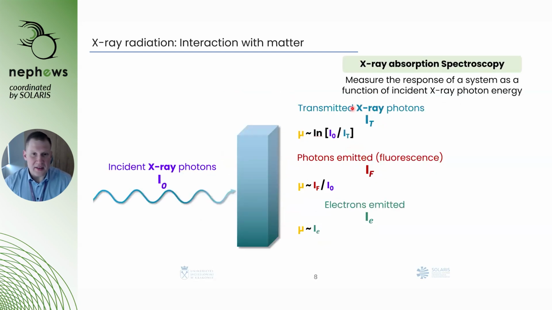And by detecting these transmitted X-ray photons or fluorescence radiation or detecting electrons, we can measure the response of a system as a function of incident X-ray photon energy. And it will allow us to define the absorption coefficient of our material.